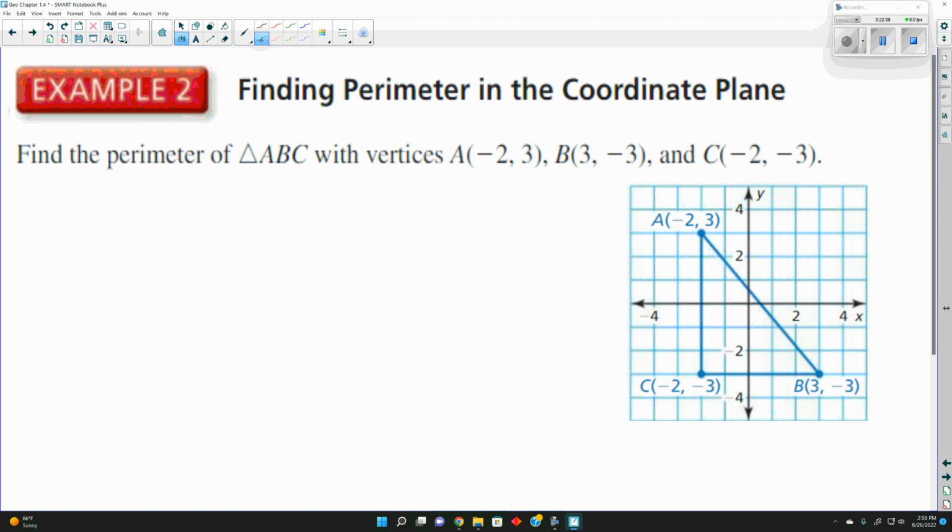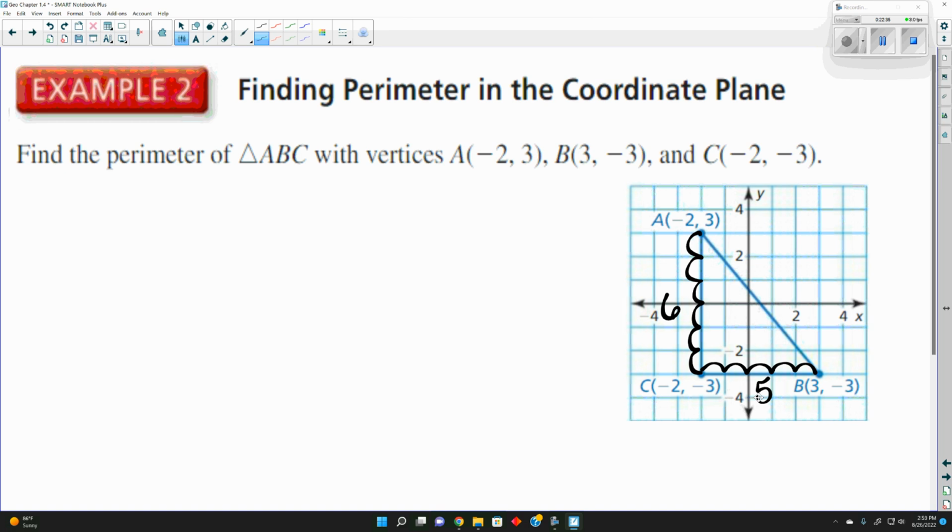So looking at this here, we can see that there would be 1 unit, 2, 3, 4, 5, 6. So this has a length of 6. So we can count this direction, 1, 2, 3, 4.